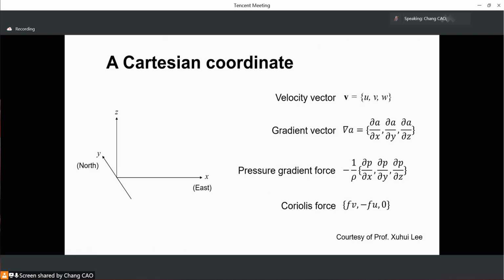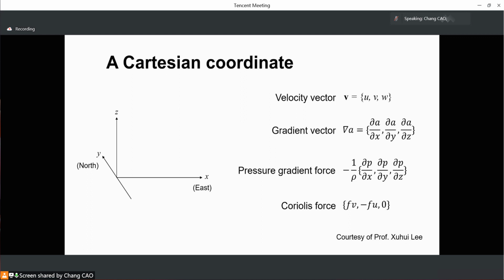In the discussion of momentum, mass, and energy conservation, the frame's origin is at a fixed point, and the directions of its 3 axes, x, y, z, are also fixed.